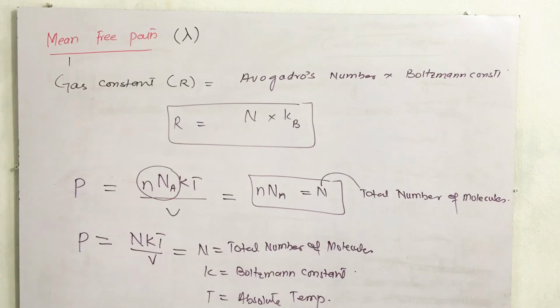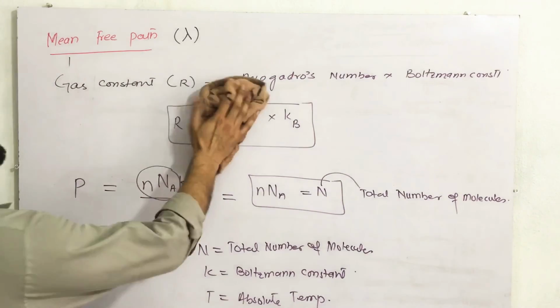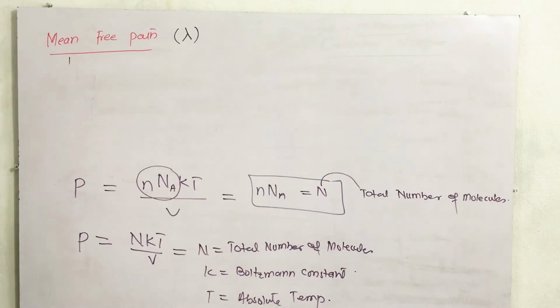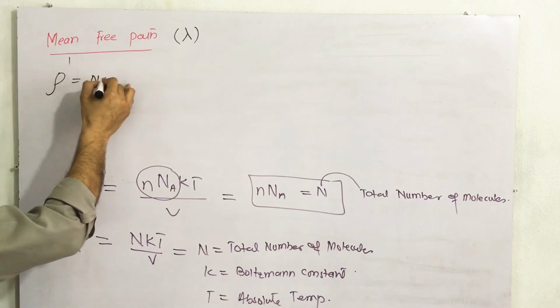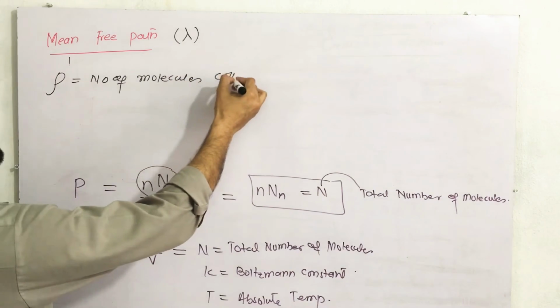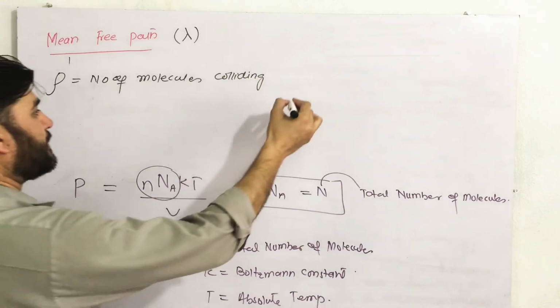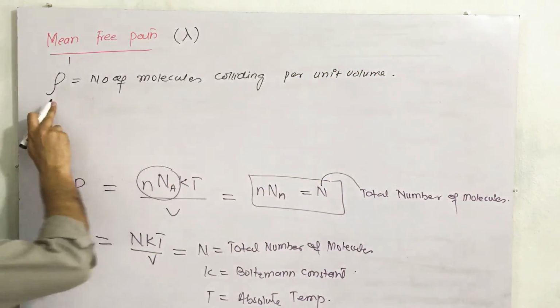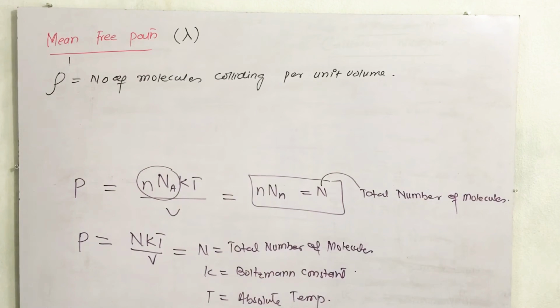One more important thing in this case is that rho is the number of molecules per unit volume. Rho is called the number of molecules per unit volume.